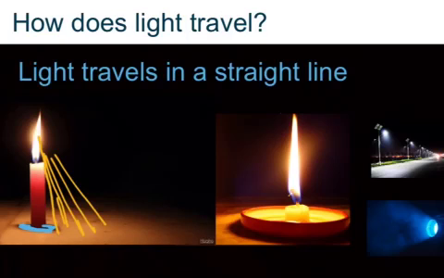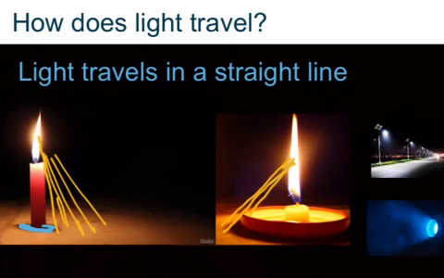And same thing, let's say that the light shines from the candle and it travels outwards in this manner. You see that since the light travels in a straight line, when it travels this way, it's blocked by the container. So therefore, a shadow is formed.